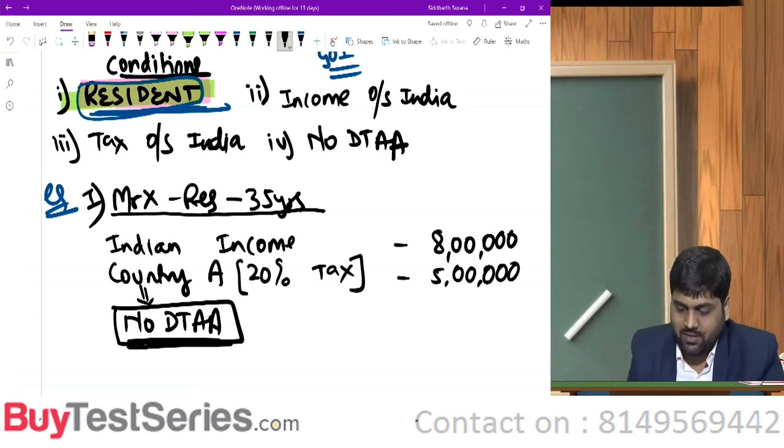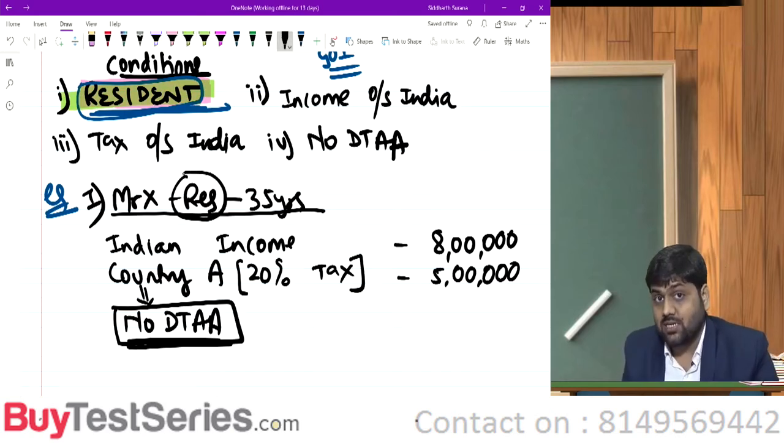The only thing that matters. Check, is the assessee resident? Yes. Please listen, the other three conditions are already and automatically checked. The remaining three conditions have already been checked and have been automatically checked when we were checking has double taxation taken place. Has double taxation taken place?